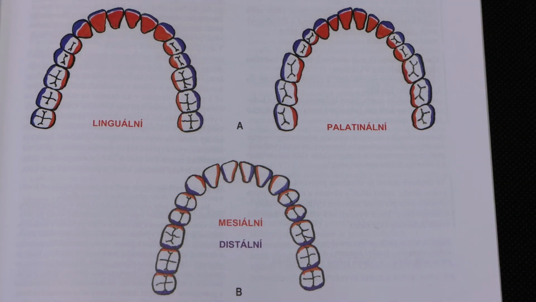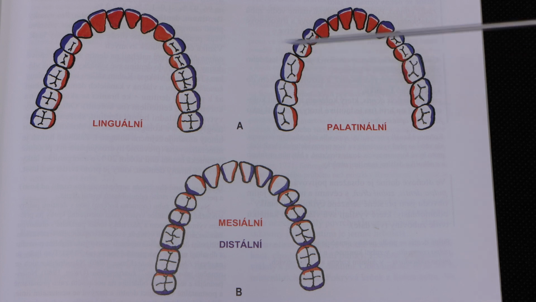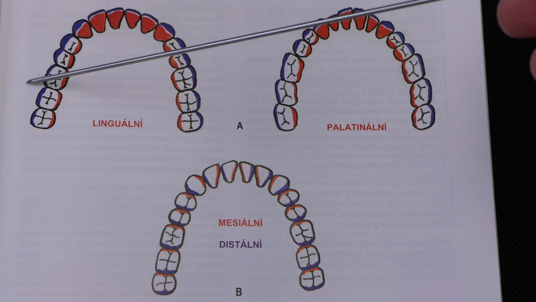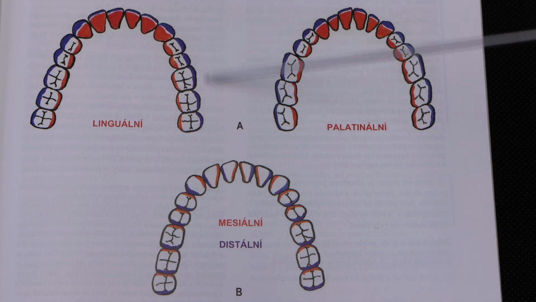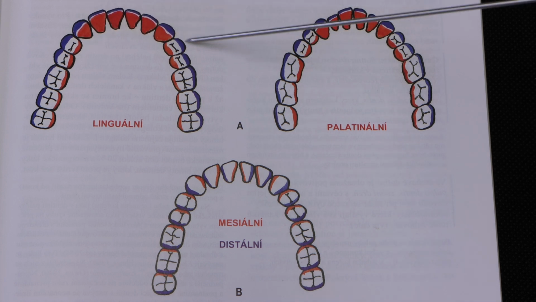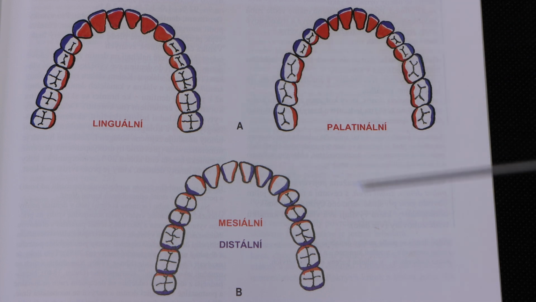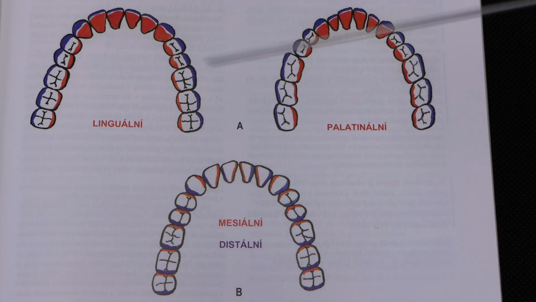The crown of the teeth has different surfaces. If we consider the lower jaw and upper jaw, the outer surface is usually called the vestibular surface. In the frontal segment it is called labial, and in the distal segment it is called the buccal surface, or generally you can say the vestibular surface.